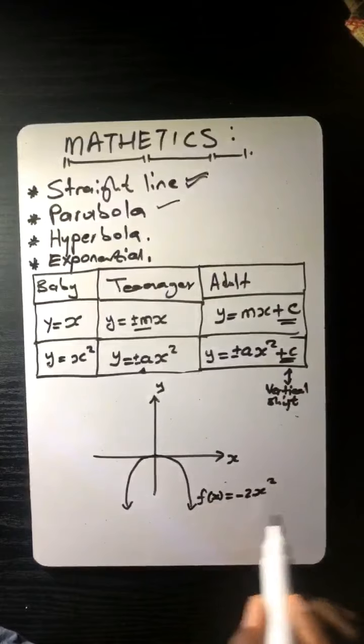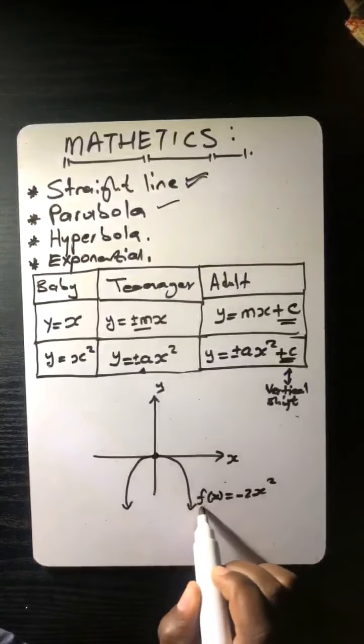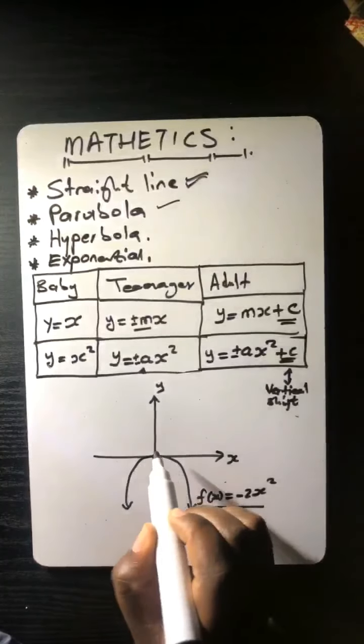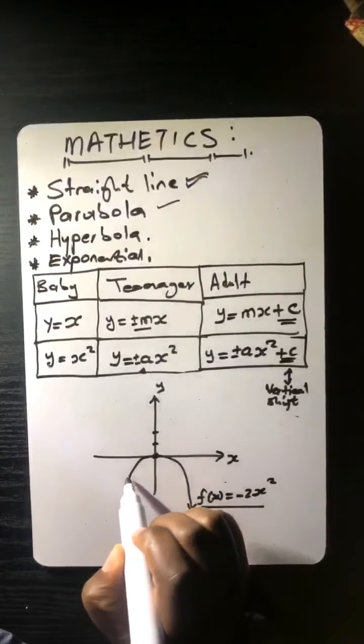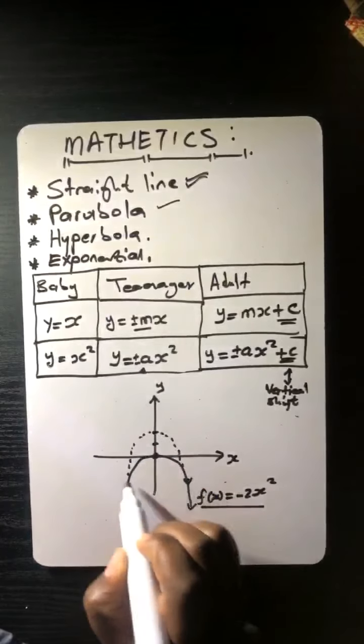Can you see? But now it's passing through the origin over there. So that is why it is just like that. The moment this function moves, let's say it shifts by 2 units upwards, therefore it is having that shape.